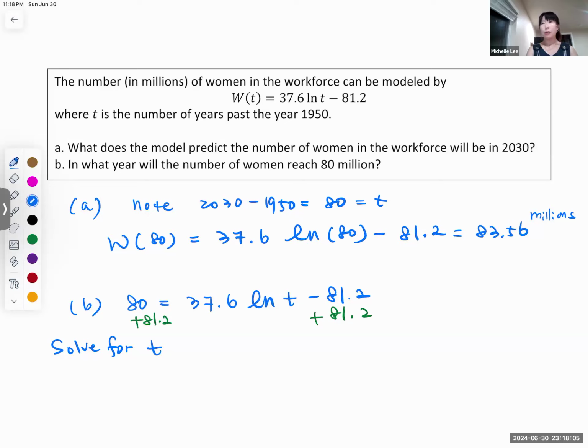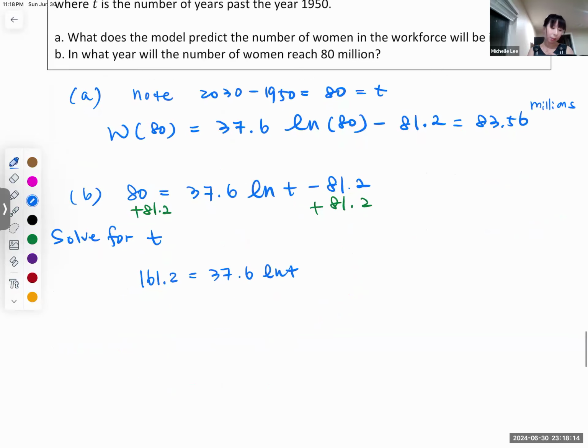So we have on the left side 161.2. And then t is there, we divide by 37.6 on both sides. Then the other side is 4.287 equal to natural log of t, right?